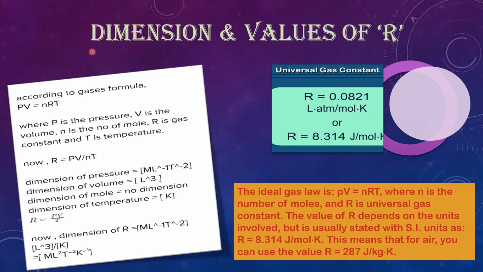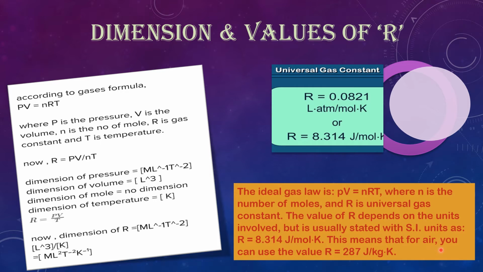Now the next one is dimension and values of R. The ideal gas law is PV is equal to nRT, where n is the number of moles and R is the universal gas constant. The value of R depends on the units involved, but is usually stated with SI units as R is equal to 8.314 joule per mole Kelvin.